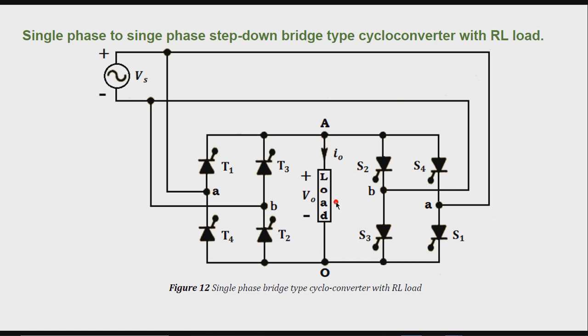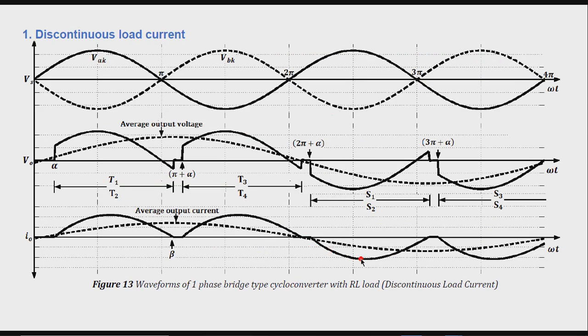So the direction in this case is O to A, which is the negative direction. After S1 and S2 are triggered, the load current builds up in the negative direction as shown in this waveform.